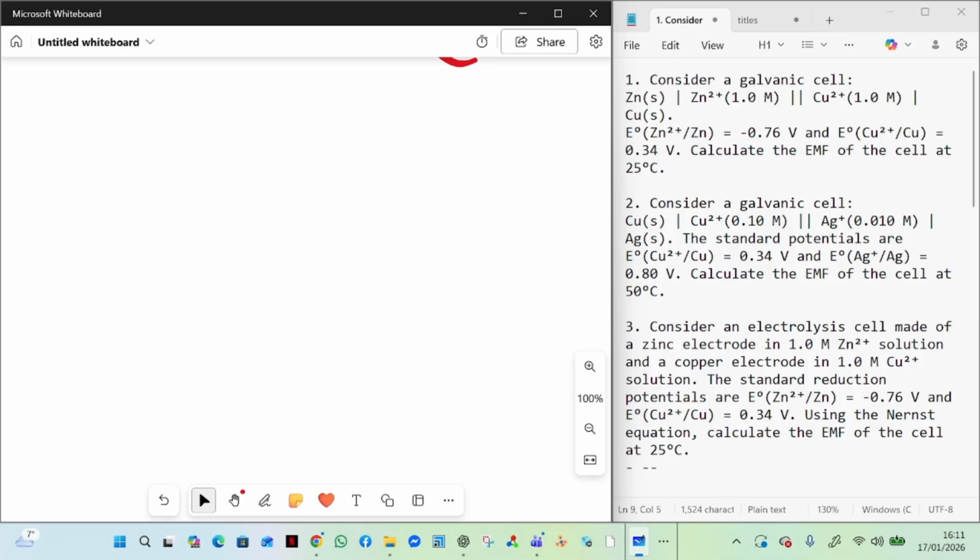Here we are considering an electrolysis cell which is made up of zinc and copper electrodes. Their reduction potentials are given. Now, how do you know which is the anode and which is the cathode?